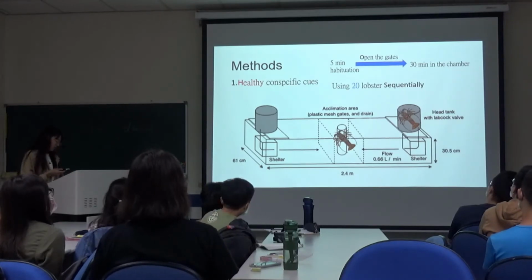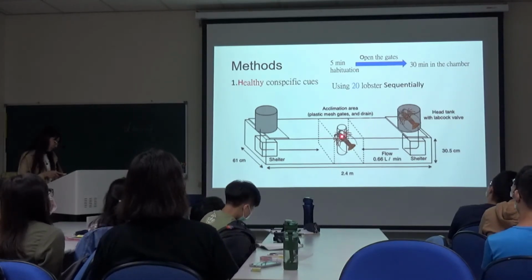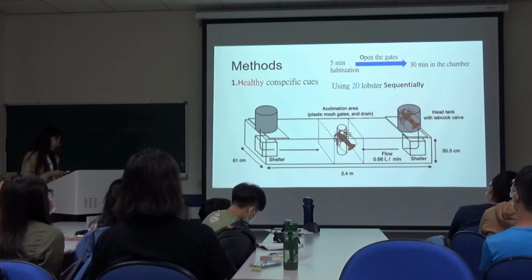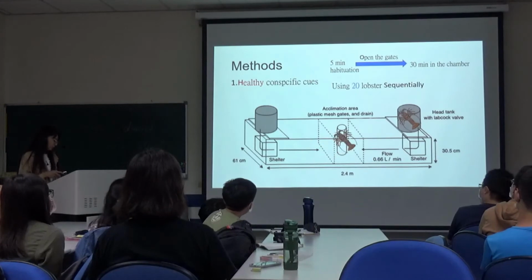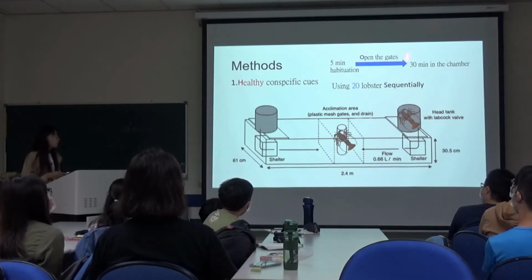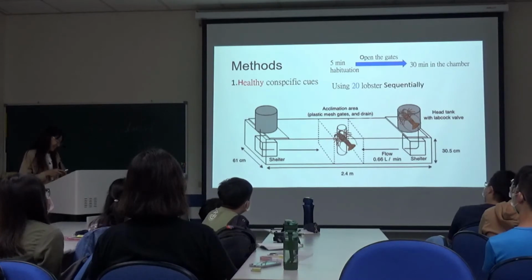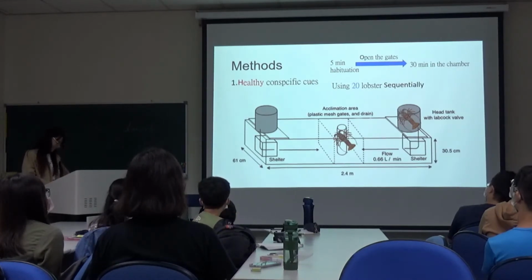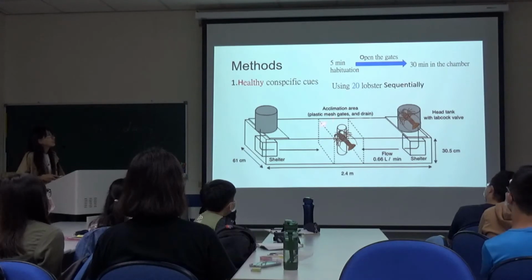We will allow the lobster to be situated for 5 minutes in the center. After 5 minutes, we will open the gate and let the lobster move freely for 30 minutes.